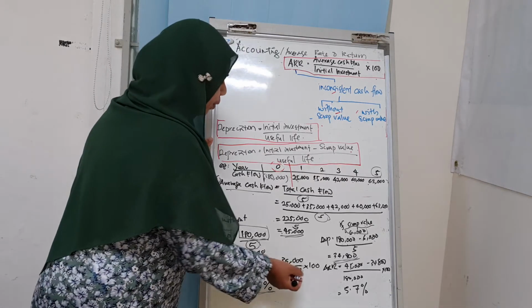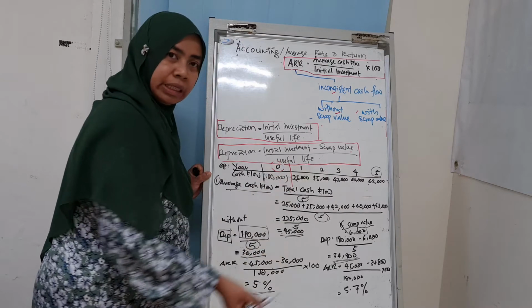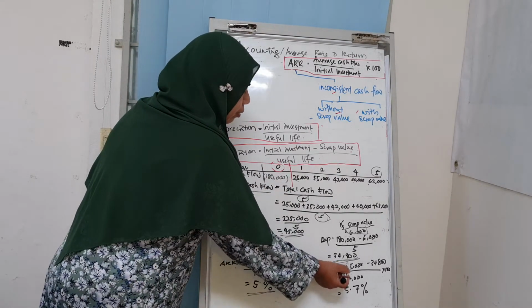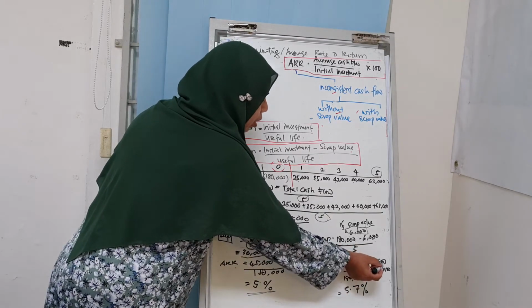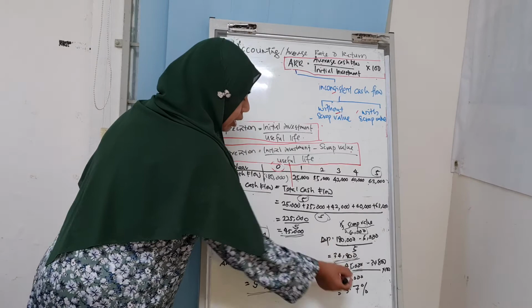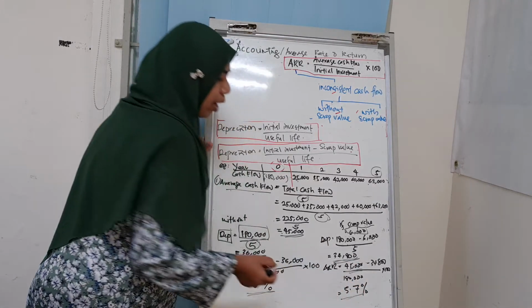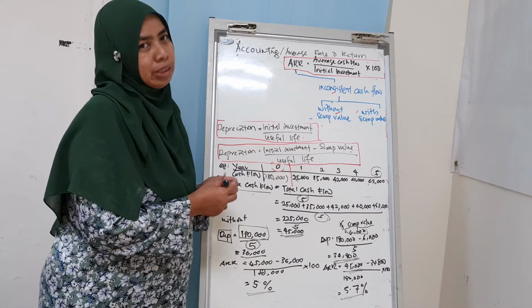Because we already calculated the average cash flow before, you just take the 45,000 as the average cash flow, minus 34,800 as depreciation, divided by 180,000, times 100. You will get 5.7% for the ARR for this project.